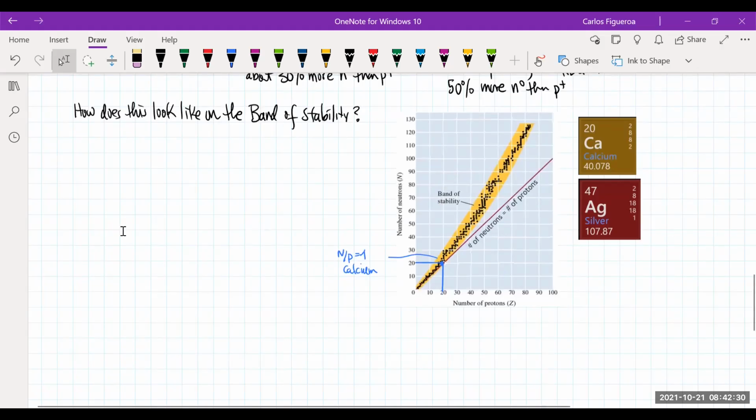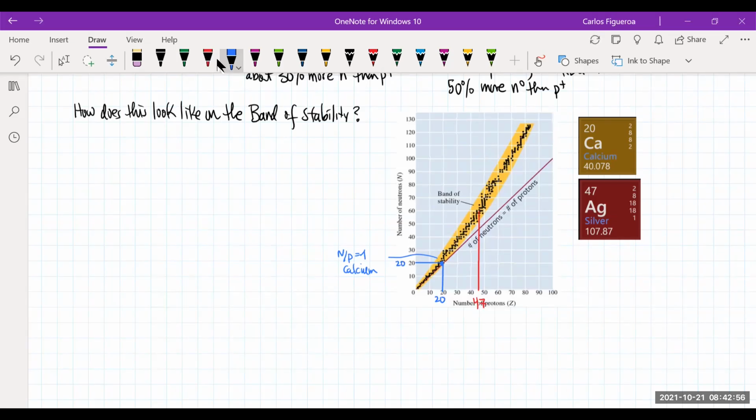Let me make sure I got my numbers right. Calcium has around 60, and this is around 47. So how about if I choose a different color here? Let's say this is it right here. So this number here is 47. By the way, I should have written 20 and 20.